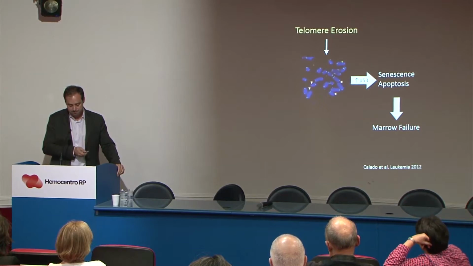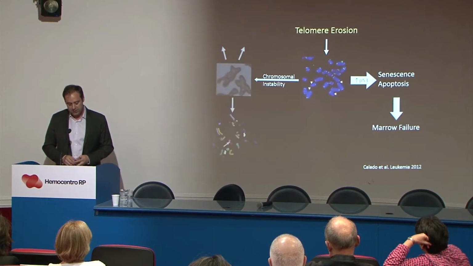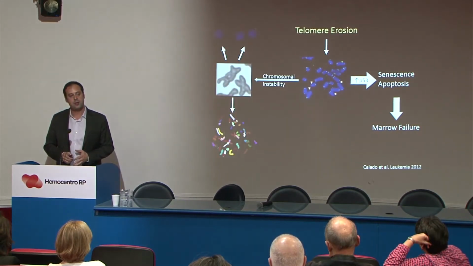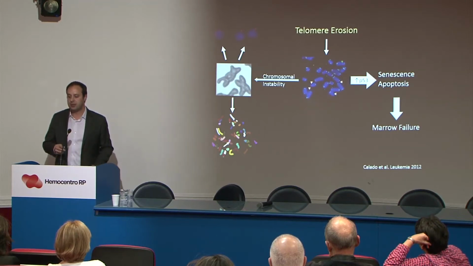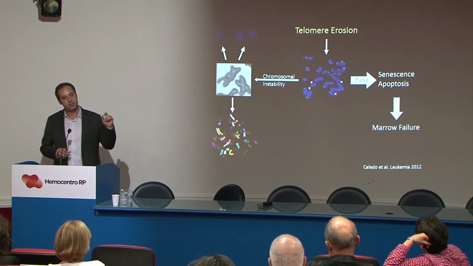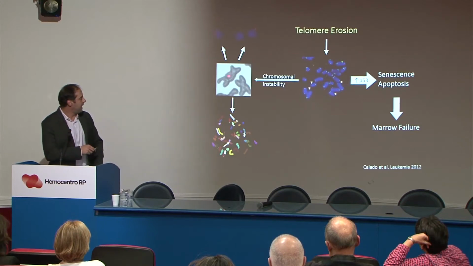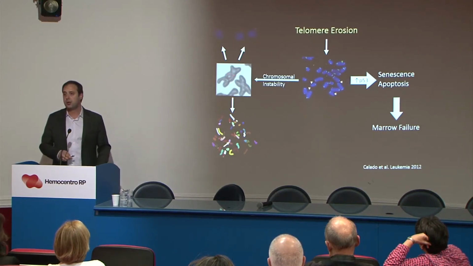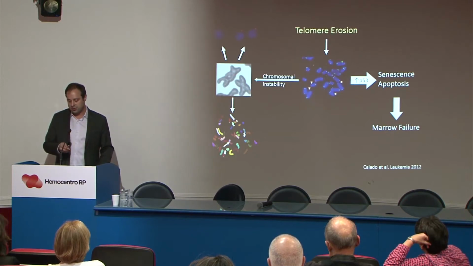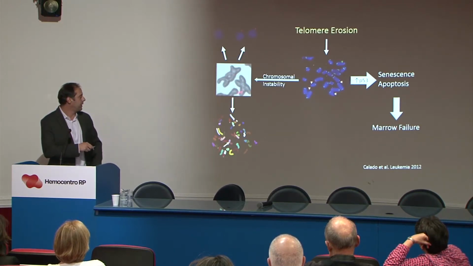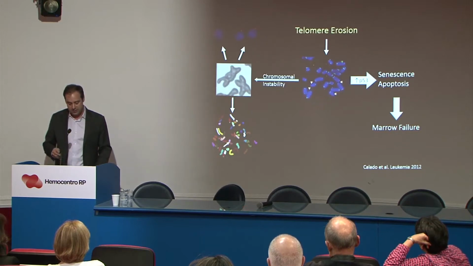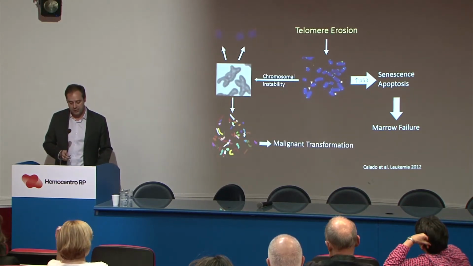That is aplastic anemia. But a minority of patients, because the telomeres are too short, eventually evolve with chromosomal instability, and the most common pathway that we can see there is that since the telomeres are not well protected, you'll see end-to-end fusions of the chromosomes, and this will eventually lead during cell division either to aneuploidy or to translocations, and this can cause malignant transformation in these cells.